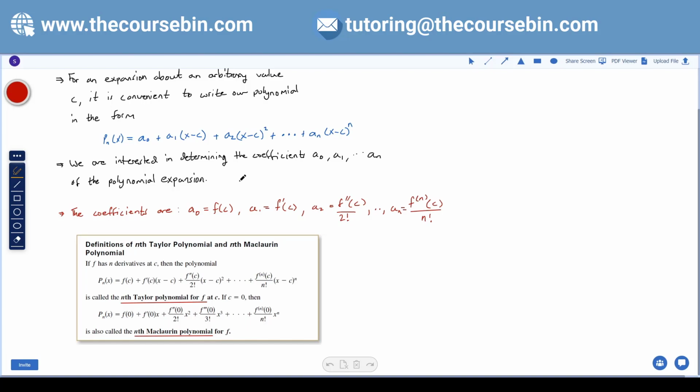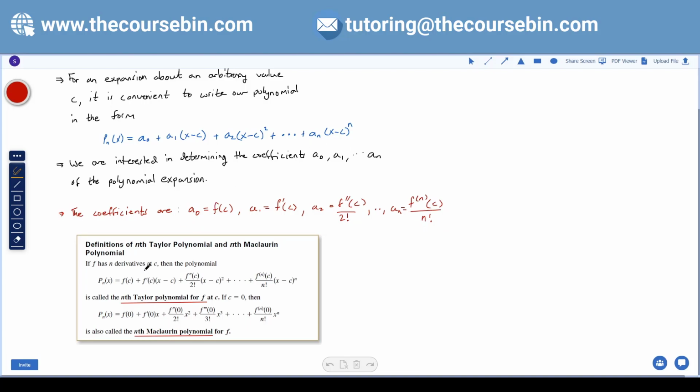Now, I didn't show the whole process from this step to this step here because it's a bunch of derivations. It's going to take a lot of time. But what's important is the conclusion here, right? And the conclusion is that the coefficients are just derivatives of the function at that point divided by factorials, right?